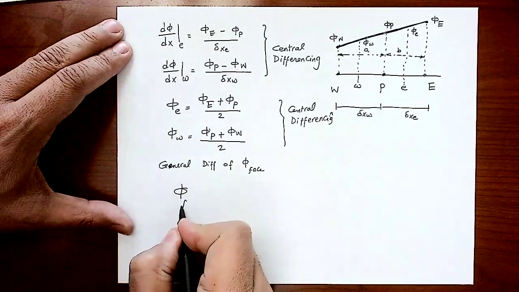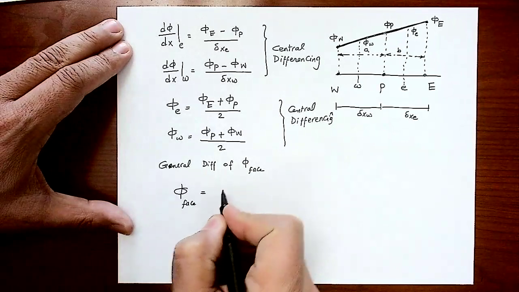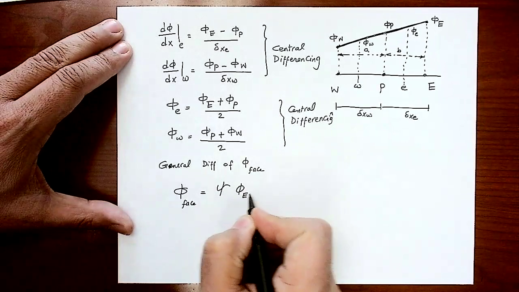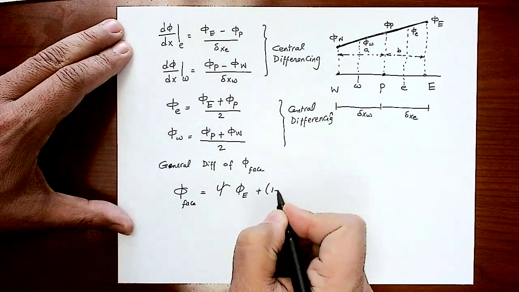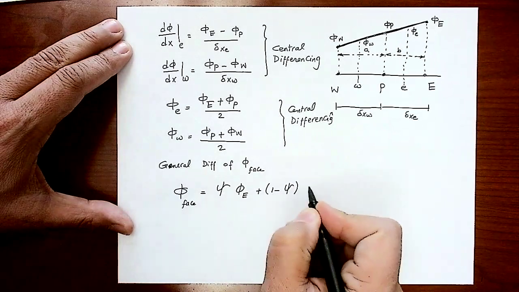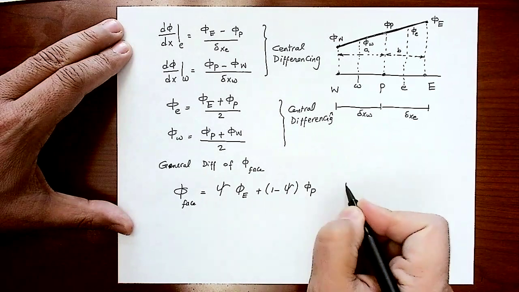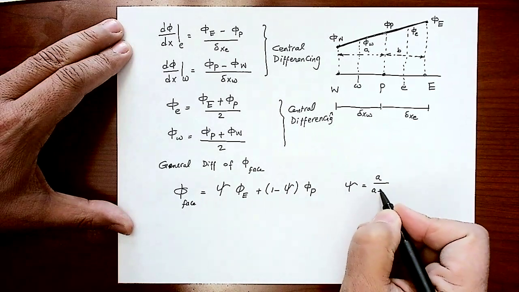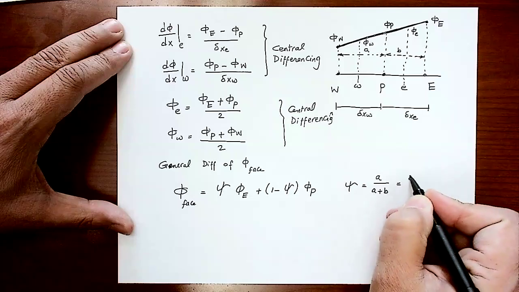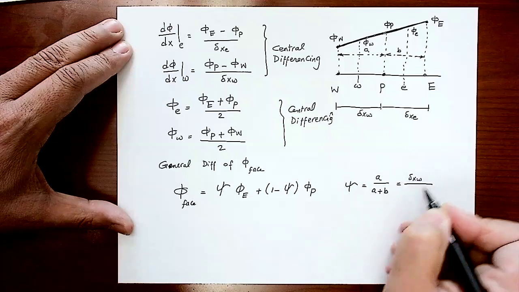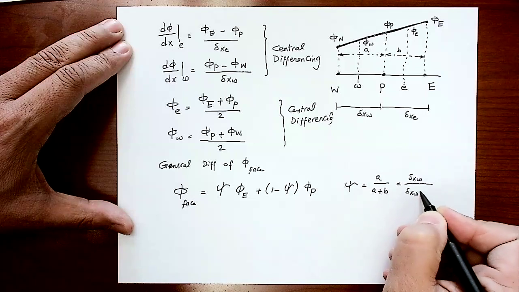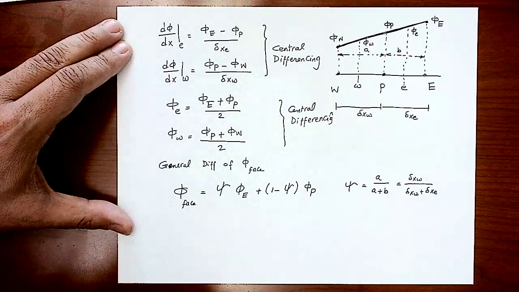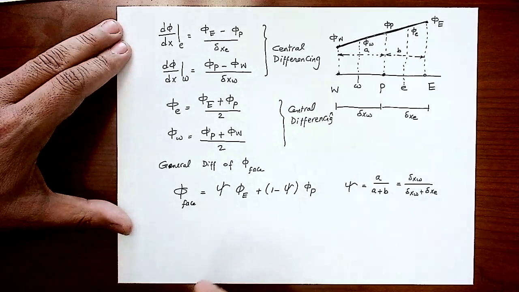Phi at any face can be calculated by psi times phi of the east plus 1 minus psi times phi p, whereas psi is equal to a over a plus b. Or you can say it's delta x west divided by delta x west plus delta x east.